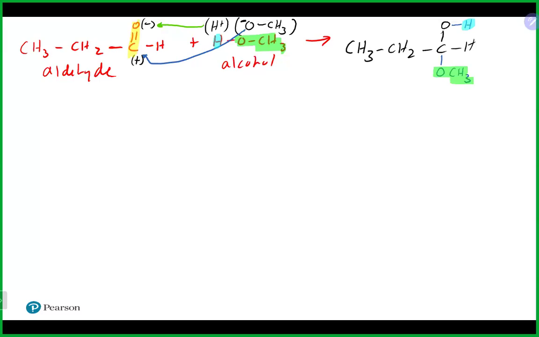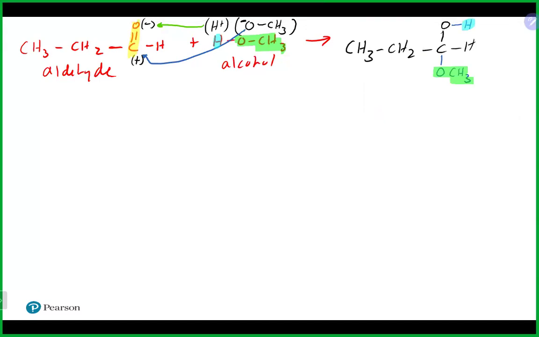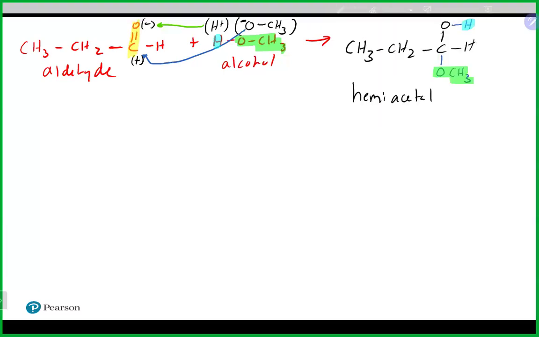And this sort of compound that we just made actually has a special name, and we'll see it again when we talk about carbohydrates and such. This is what is known as a hemiacetal. And a hemiacetal is the type of compound it is, not like the specific name for it or anything like that. And what a hemiacetal has is basically three characteristics.